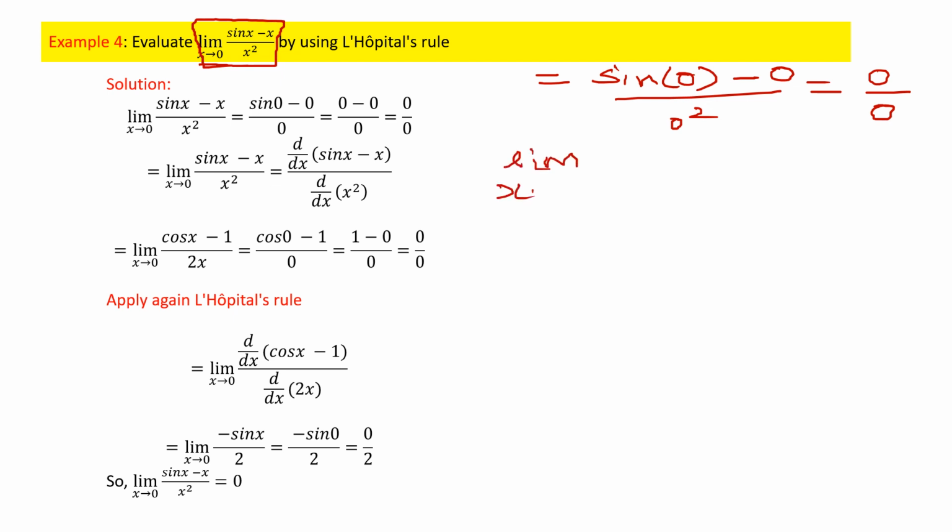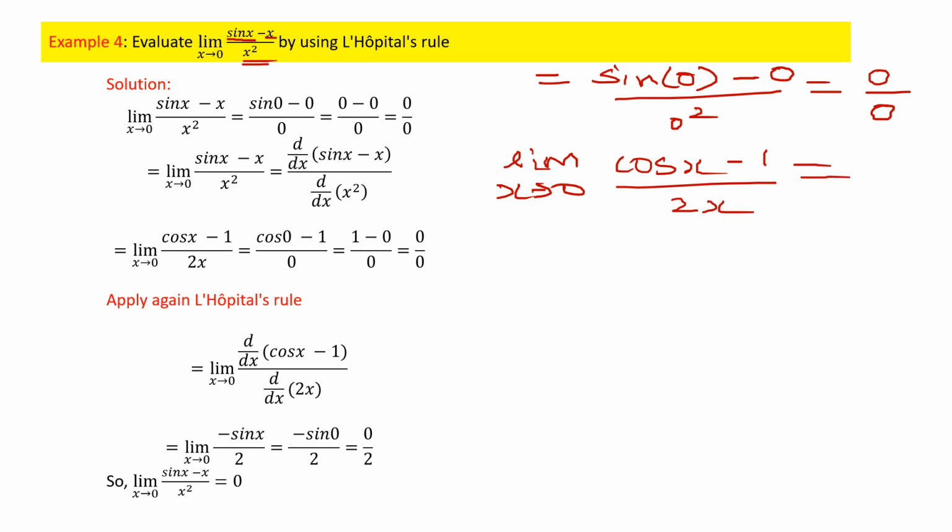So limit x approaches 0. Let me differentiate the numerator one time with respect to x. In the numerator we have sin x, so the derivative of sin x will be cosine x, minus the second term x, the derivative of x will be 1, divided by, in the denominator we have x power 2. The derivative of x power 2 will be 2x.